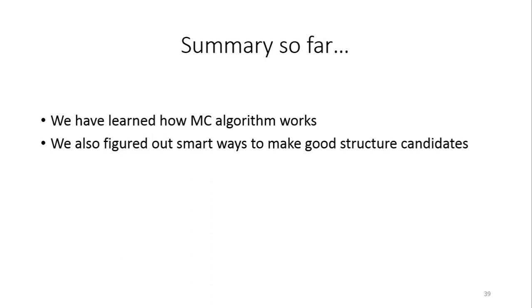So we have learned how the Monte Carlo algorithm works, and we have figured out some smart ways by which you can make a good structural candidate, or generate a lot of structural decoys. So far so good. We figured out how to get well folded structures.